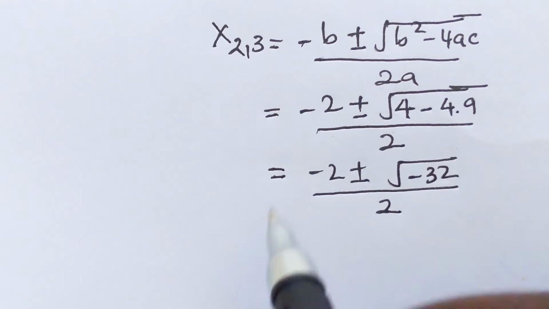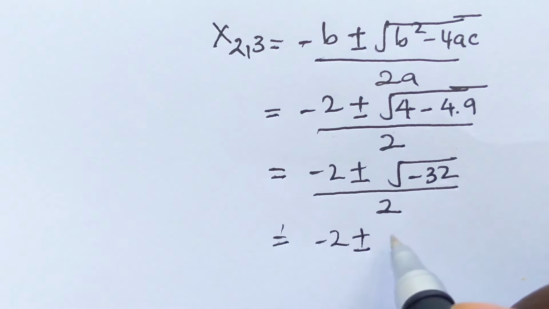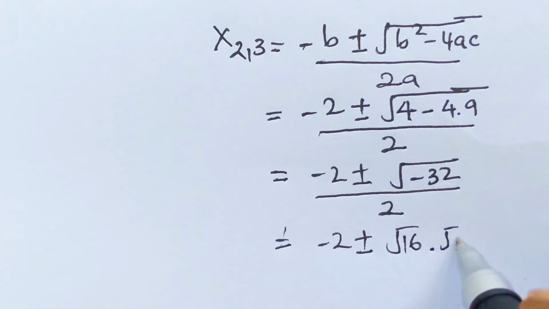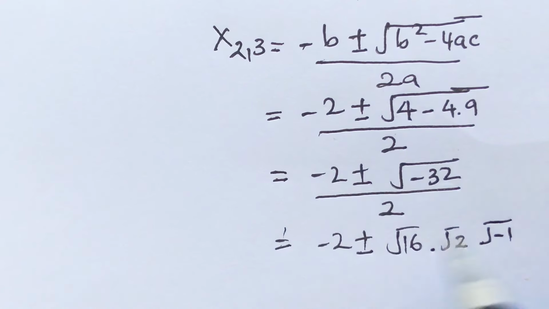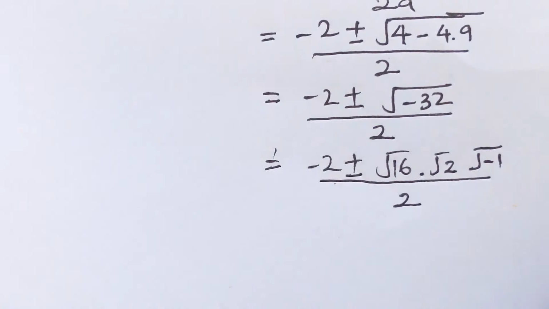And of course here, this is equal to negative 2 plus or minus square root of 16 times square root of 2 times square root of negative 1, over 2.